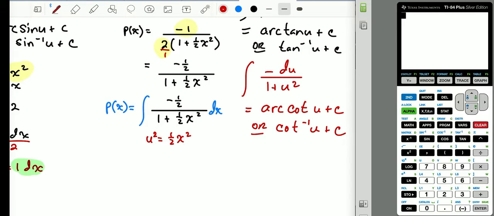All right, so this is going to be a little on the messy side, but it's okay. All right, let's keep it red. U is equal to 1 over radical 2 x, du dx is going to be 1 over radical 2, which in turn gives us du equals 1 over radical 2 dx.